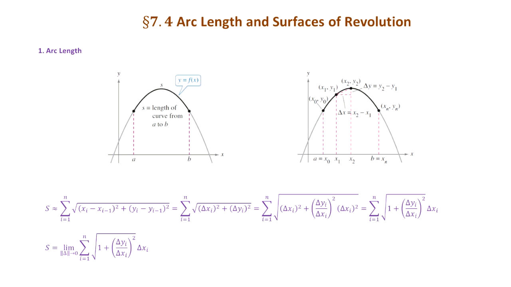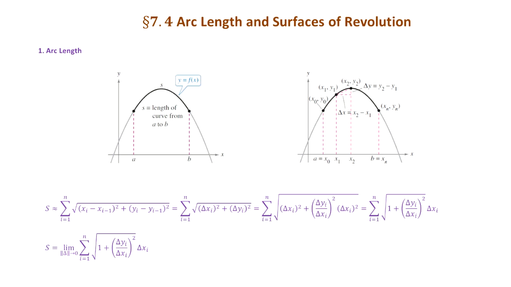That's the summation, the sigma notation, and then we can use delta xi to denote xi minus xi-1, and delta yi, the difference of yi and yi-1. So these are the increments in the x and y directions between two adjacent points.